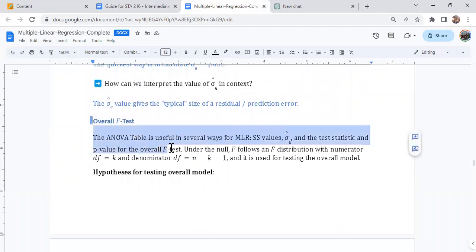So yeah, the ANOVA table is useful in many ways. The primary goal typically for it is to implement what's called an F test, which is equivalent to the F test for ANOVA, but now it has a slightly different interpretation for regression.